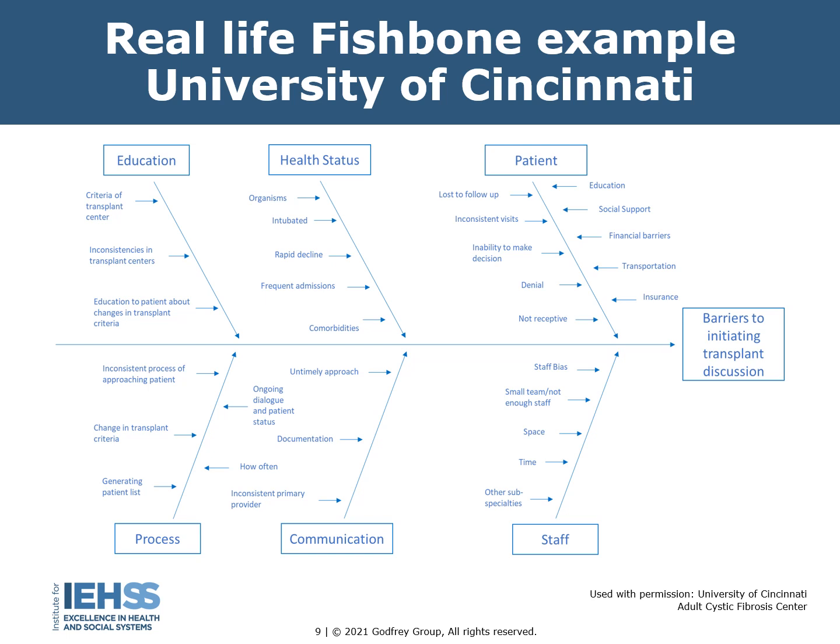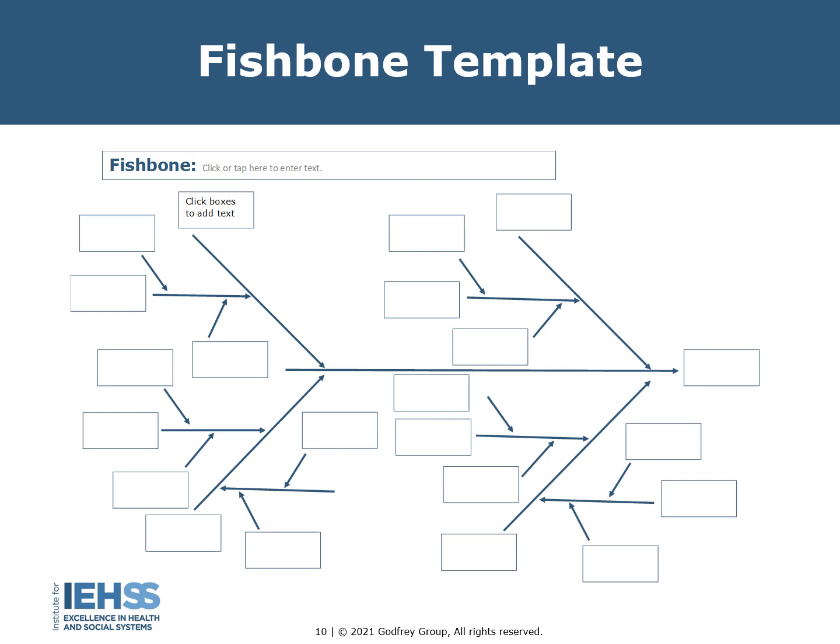Some other elements included lack of an educational program for patients, social support, financial barriers, transportation, and insurance. There is a copy of this diagram in your course materials for further review. The template for creating your own fishbone diagram is included in your module materials.